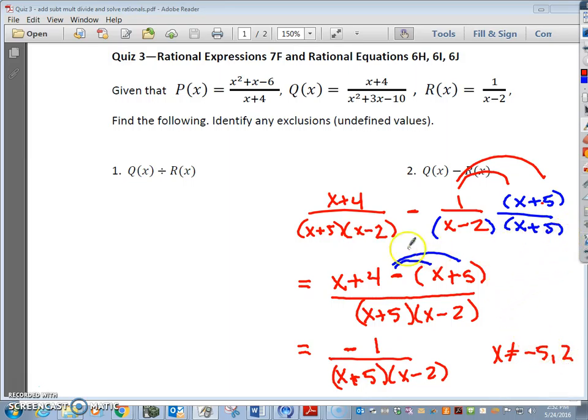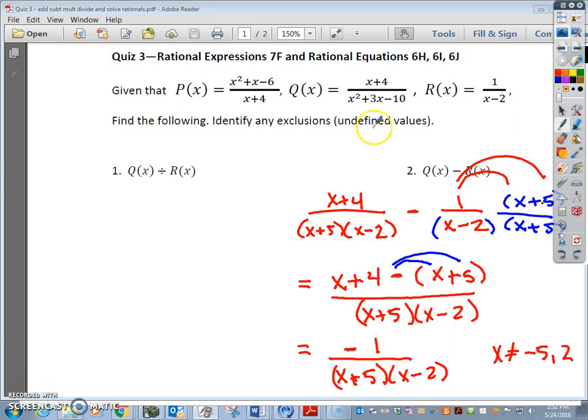Now, one thing I want to point out about this one is that it's easy to confuse yourself. We have an x plus 5 right here and x plus 5 right here. It seems like they would cancel out, but it doesn't work like that. The only way they cancel out is if they're factors, like if it was x minus 4 times x plus 5. Since there's a minus, it doesn't work that way.